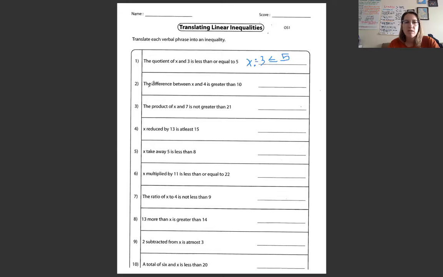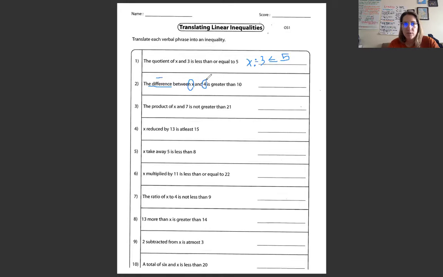So I know the first step is underline the operation. So we've got difference, and I know difference signals to me subtraction, so I'm going to write a little minus sign above. And the two terms we're looking at, it tells us x and 4.